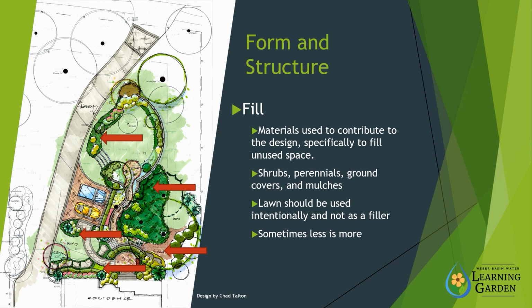Perennials, even plants that just have more of a foliage, and it's not necessarily a showy plant. Ground covers work really well. You can even use non-living materials as a fill, like a bark mulch or a gravel or something like that.